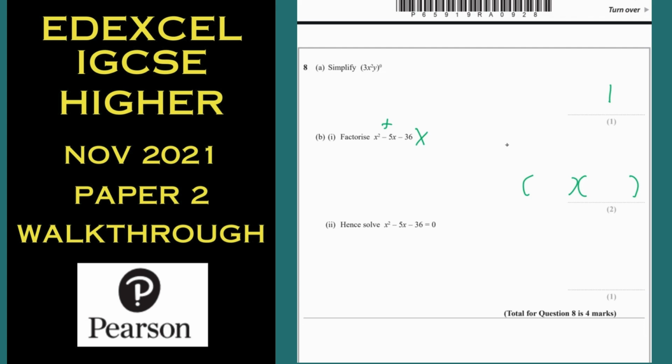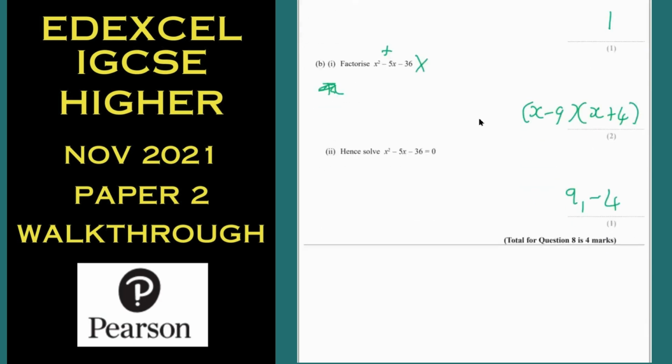Feel free to list them, minus 12 and 3 and so on, but they don't add together, they just multiply. So eventually you'll zoom in and get minus 9, positive 4, and when you solve a quadratic, it's about changing the signs. So we get positive 9 and negative 4 for our solutions.